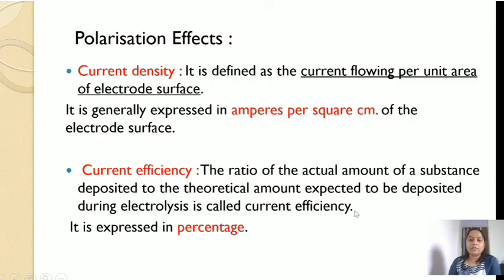That means the ratio of the amount of substance actually deposited to the theoretical amount expected to be deposited is called current efficiency, and it is expressed in percentage. Both definitions are important.